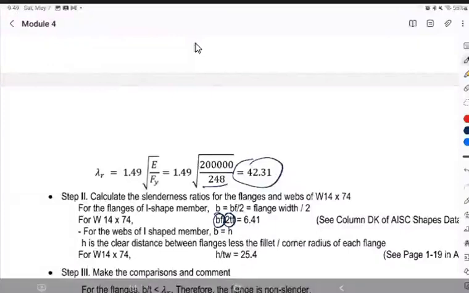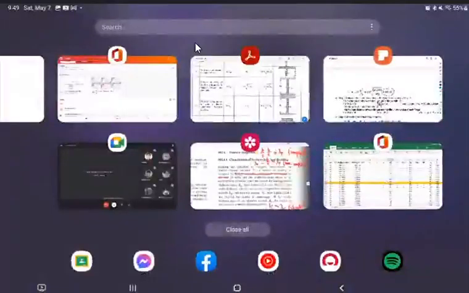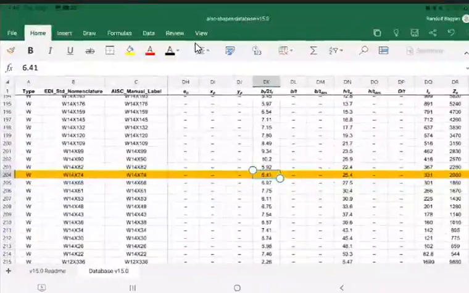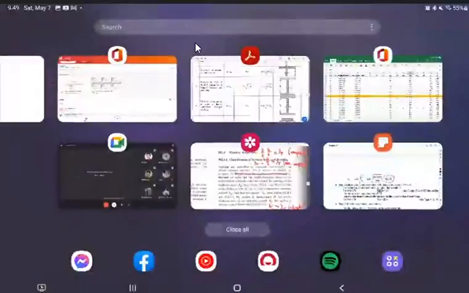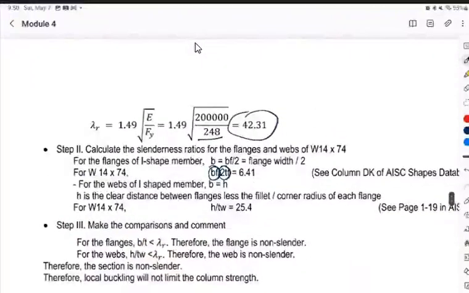What about the webs? It is h all over t sub w. Okay, so hindi ka naman problema for the determination of the h. Meron na rin naman dito. Given na siya. It is 25.4. Okay? So 25.4. So i-compare mo lang. Make the comparisons and comment.